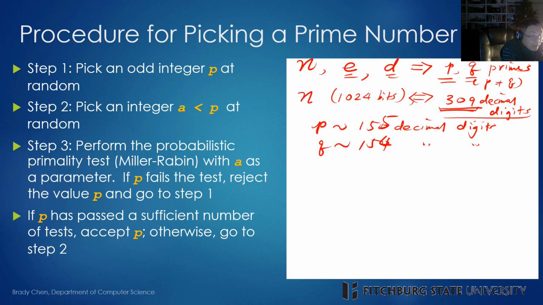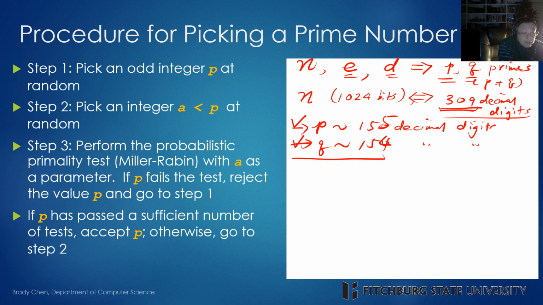Now, how can we find these two prime numbers? This is a very important part of RSA.